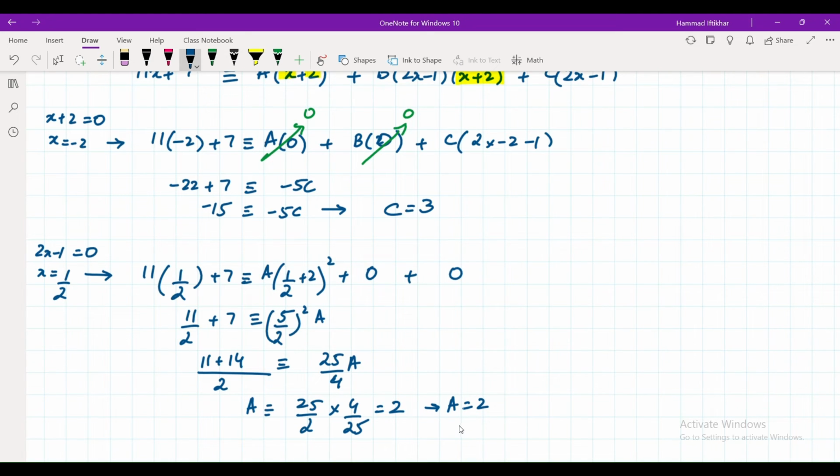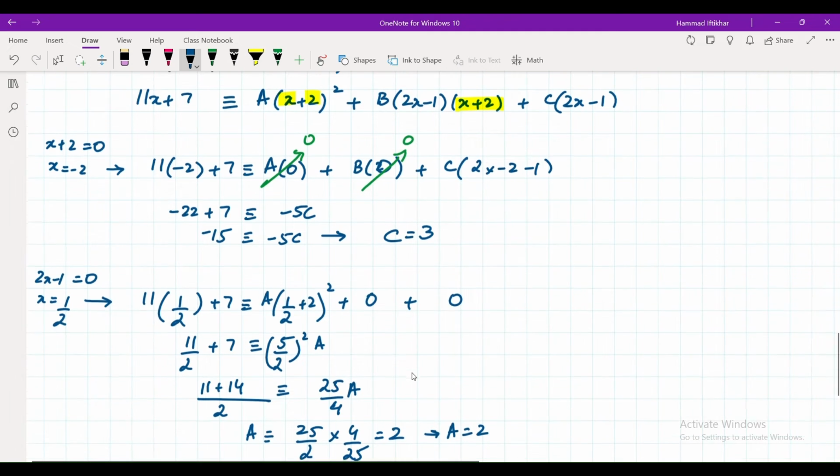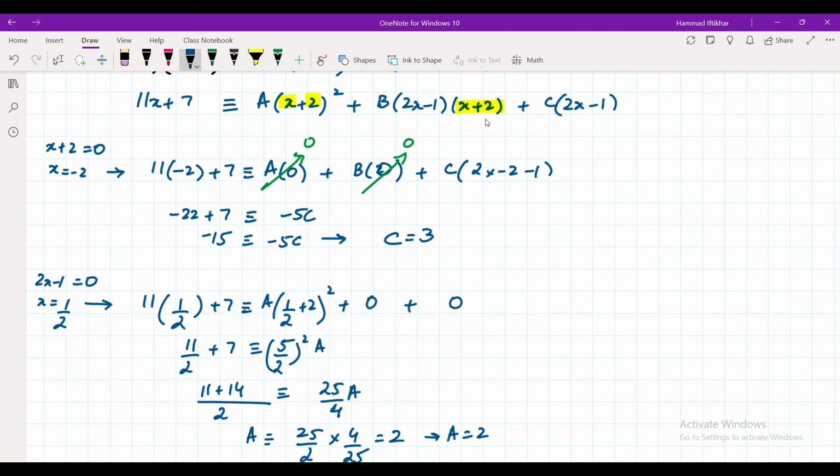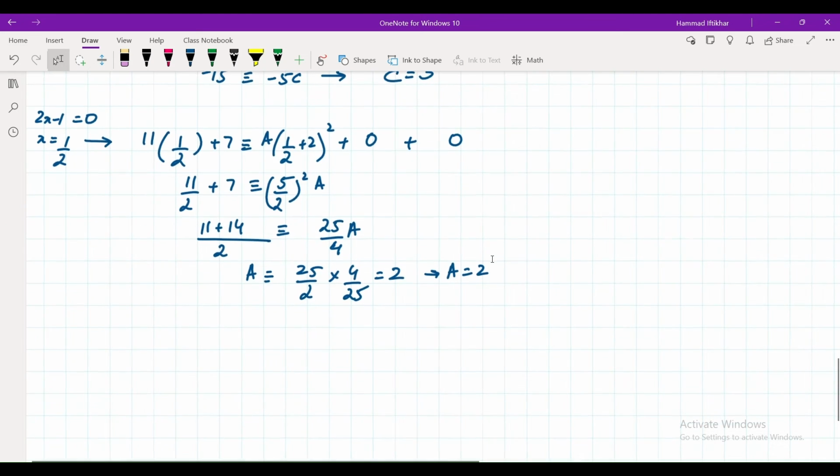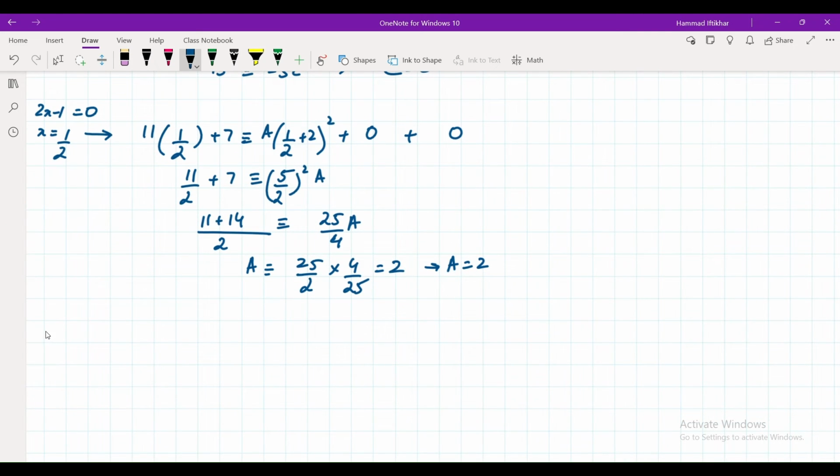Now, there's a problem for the third one because we can't put 2x minus 1 equal to 0, because we have exhausted those which we could eliminate. So now for the third one, since we now know C and A, we can plug in any number. The simplest number that comes to mind is x equal to 0. So 11 times 0 plus 7. Sorry, A we now know to be 2.